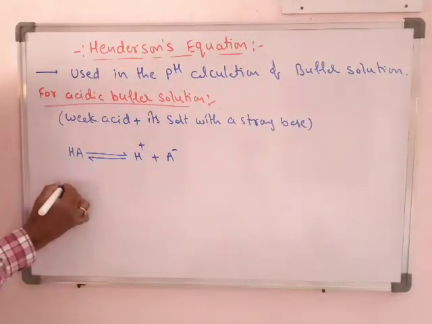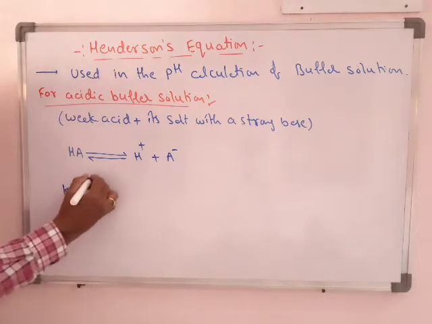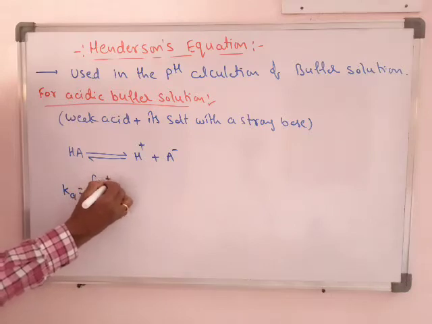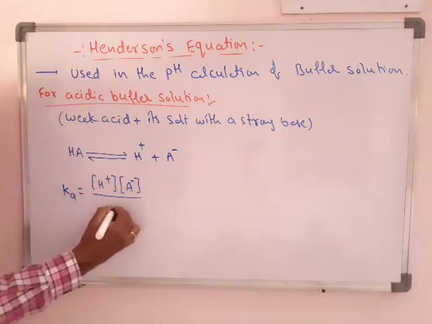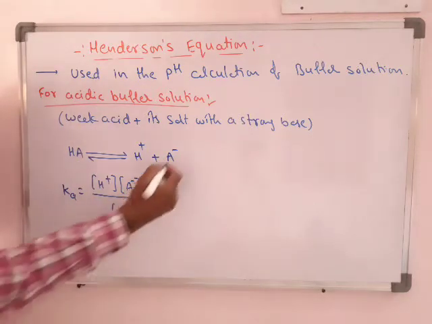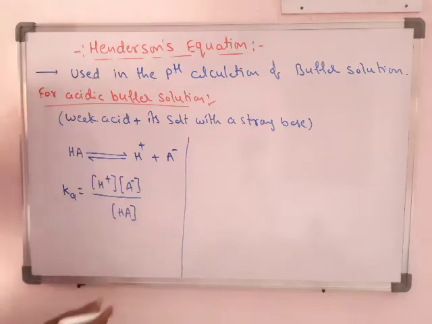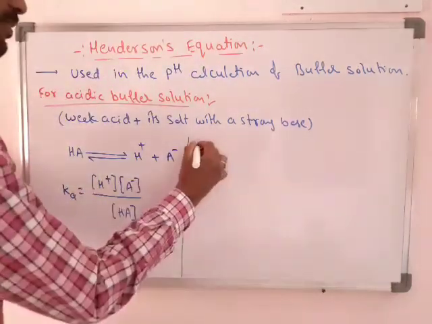So what is the acid dissociation constant for it? We know the dissociation constant is product concentration by reactant concentration. If we want to calculate the pH, we have to know the H plus, so convert it into H plus, very simple.